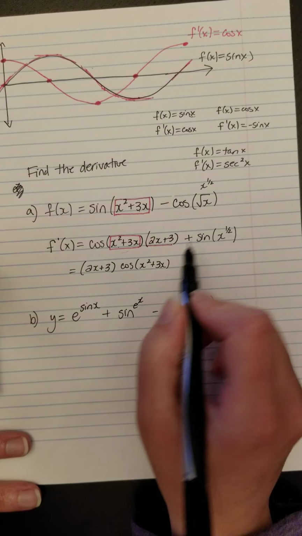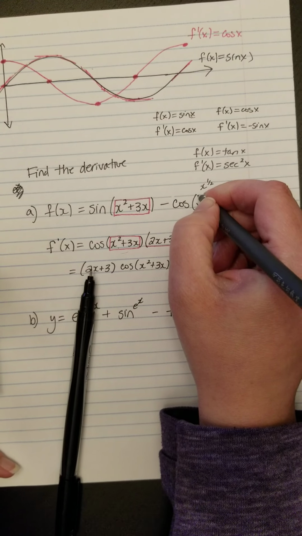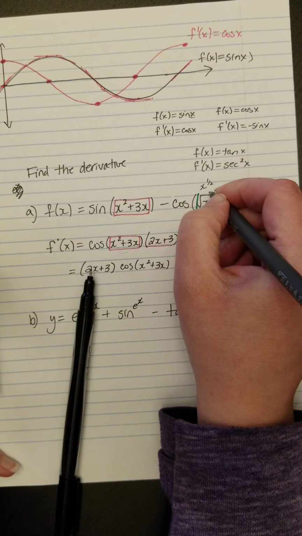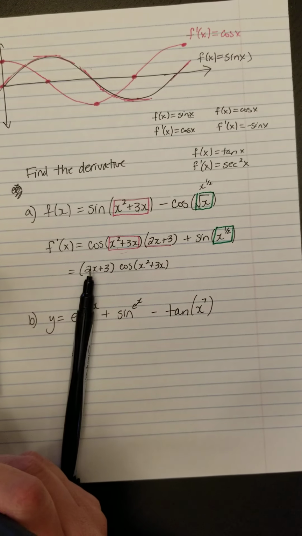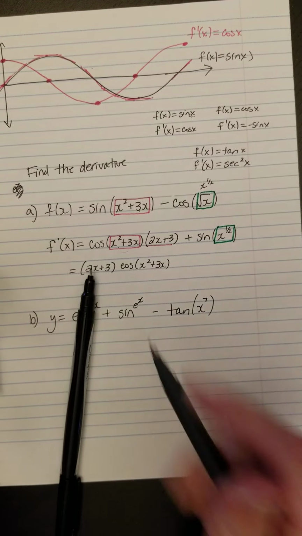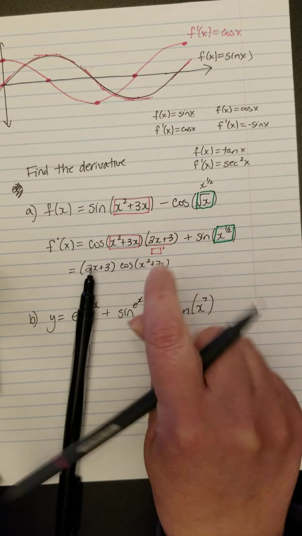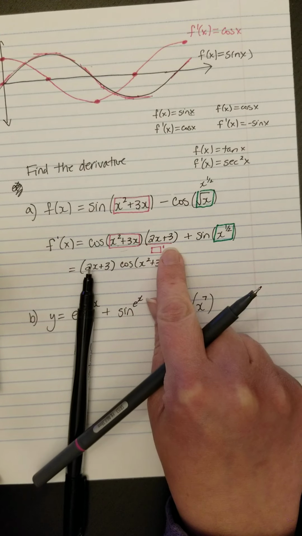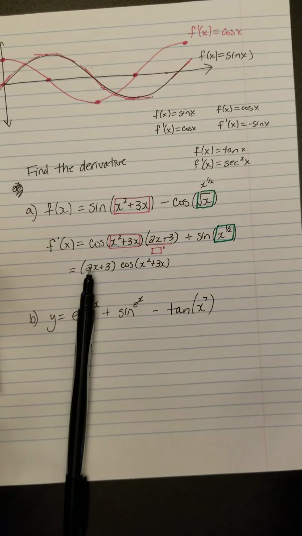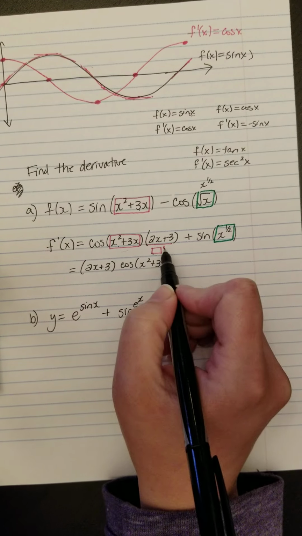So I'm keeping this stuff here the same. This is kind of like the pink box derivative. So I'm putting pink box prime there, where I did the derivative of the stuff in the pink box. So I'm keeping the pink box the same in the new cos function, multiplied by the derivative.